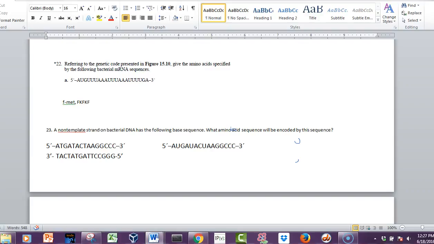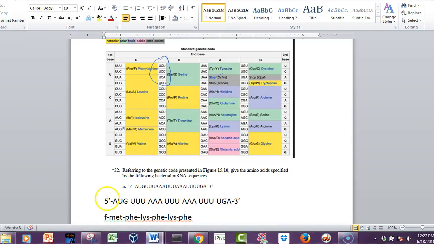You can just copy and paste the non-template strand, and that gives you your RNA. Now most of the time we don't even bother with that. If we're given this strand right here, we can just translate that directly and just in our brain convert these T's to U's. So let's grab that sequence. That's the sequence we want. Look at our genetic code table. Get rid of this other stuff.